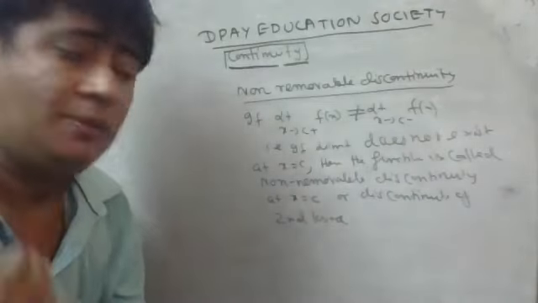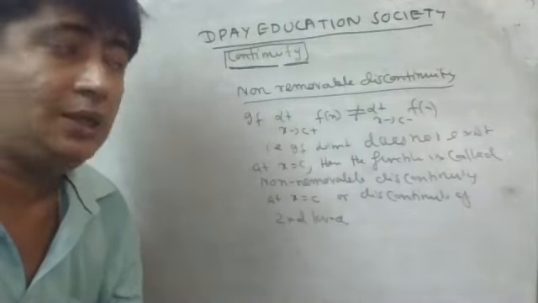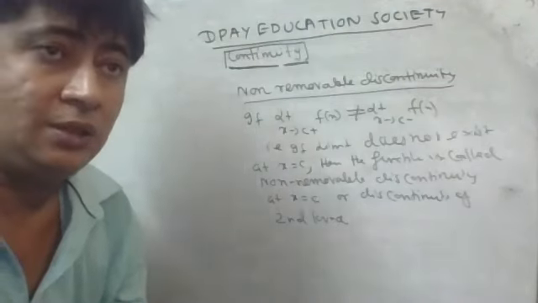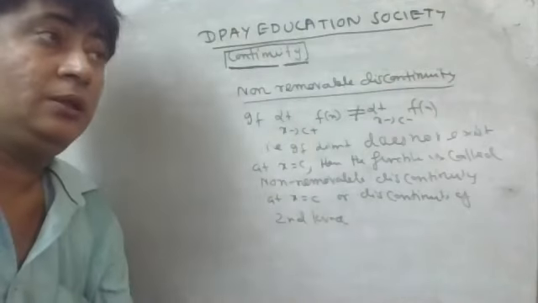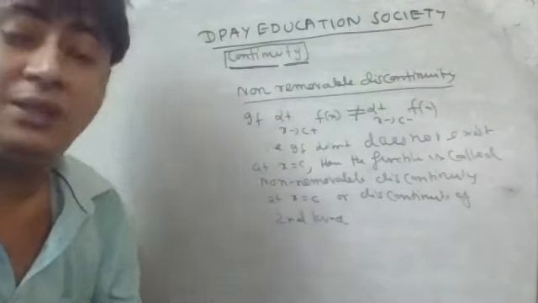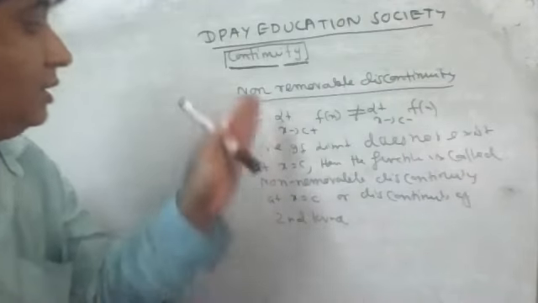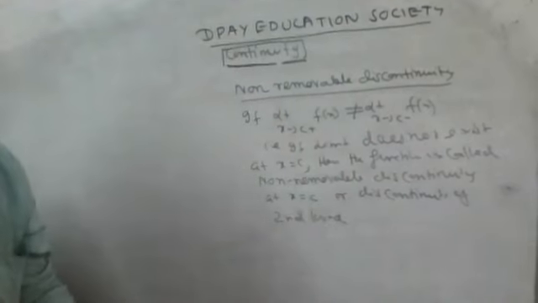Now, this non-removable discontinuity has different branches, like finite, oscillatory discontinuity, then infinite discontinuity, etc. Let's discuss different branches of non-removable discontinuity.